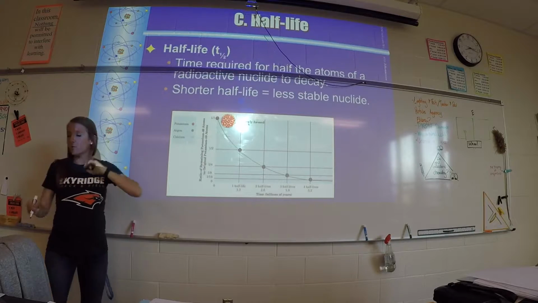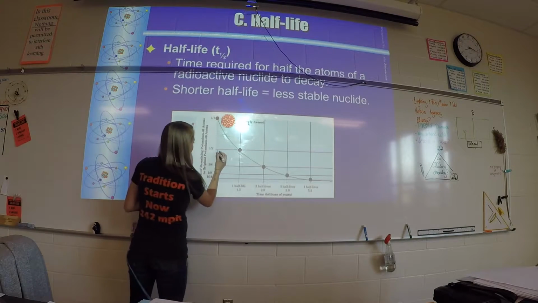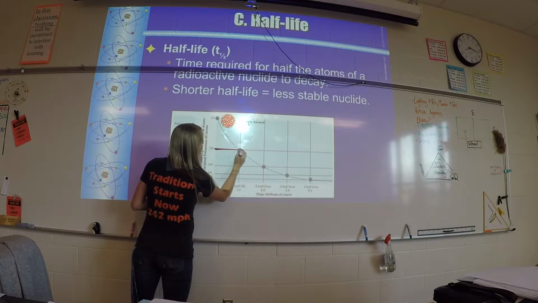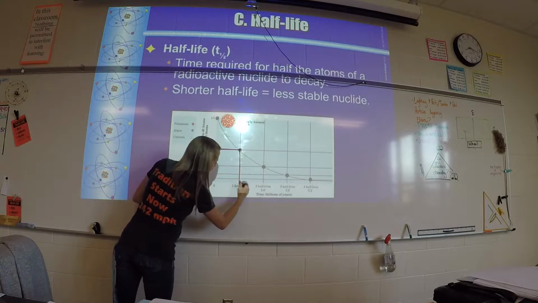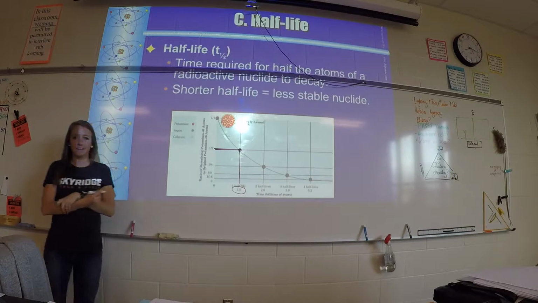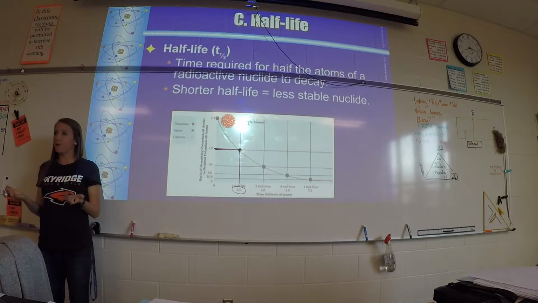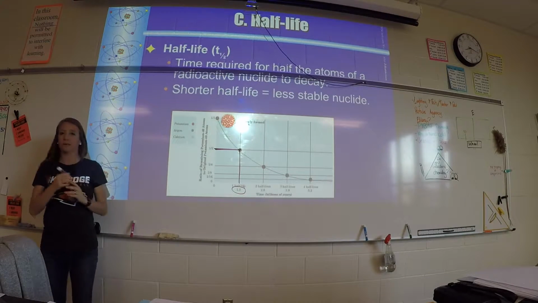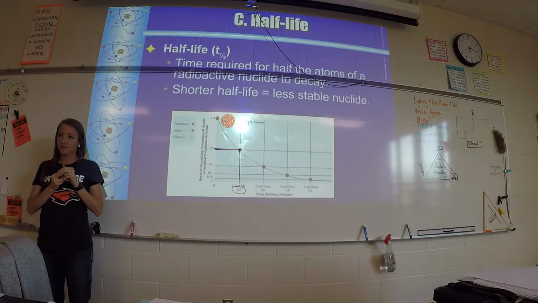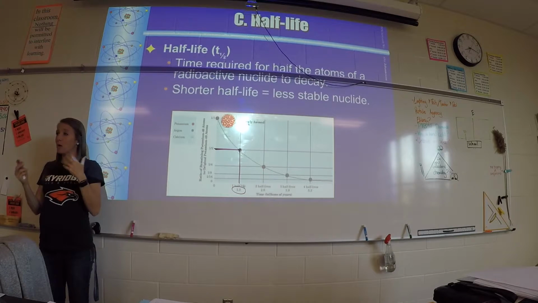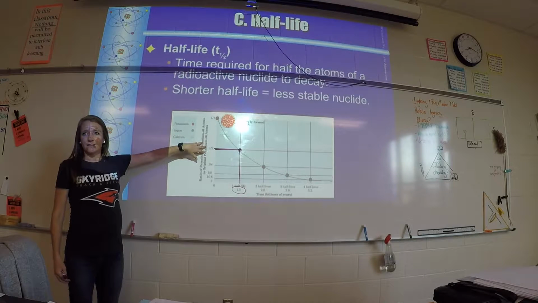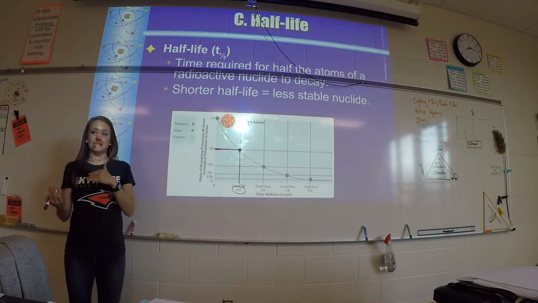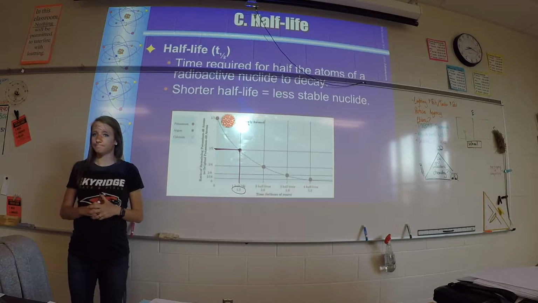So on your graph, if you want to draw this in on your notes just to remind you, what you do is you go to the halfway mark, and then you go down to the timeline. So for this particular sample, the half-life would be 1.3 billion years. Okay, the answer to a half-life is not 50%, because half-life is the time it takes to get to 50%.